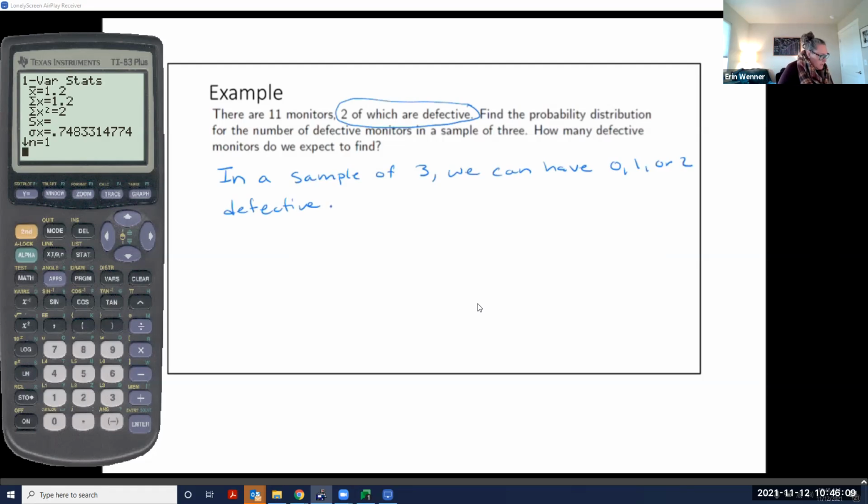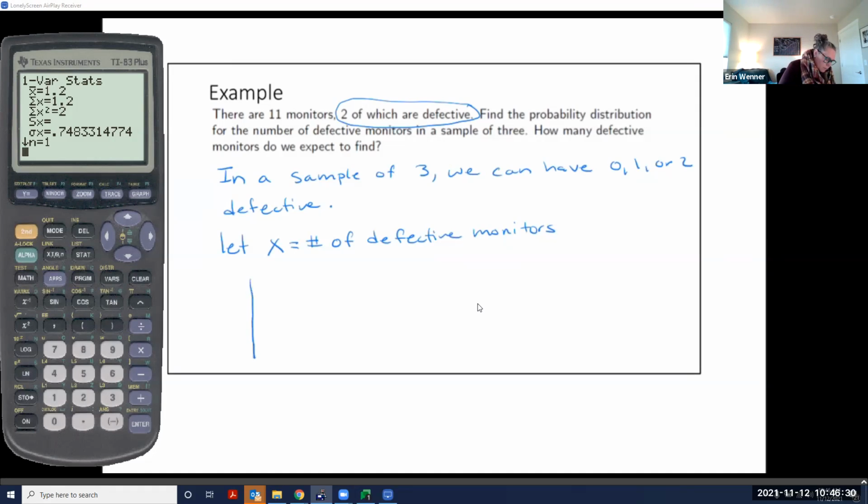So knowing this, we're going to say let X equal the number of defective monitors. You have to define your random variable. Again, we're defining a random variable X to be the number of defective monitors.